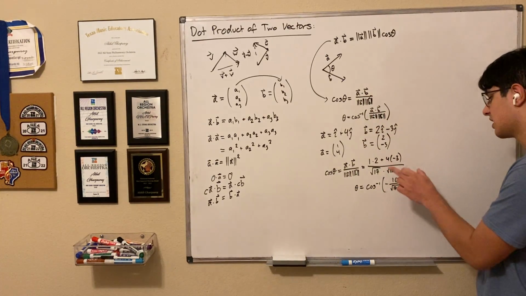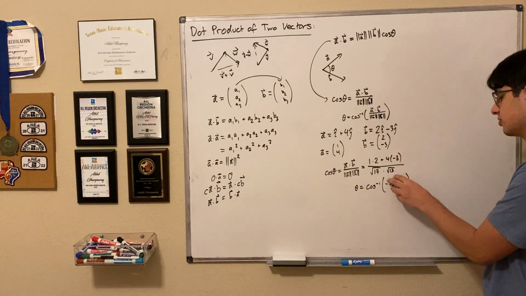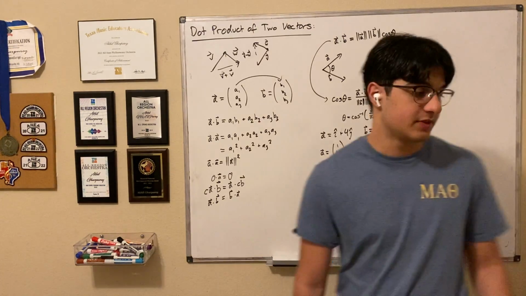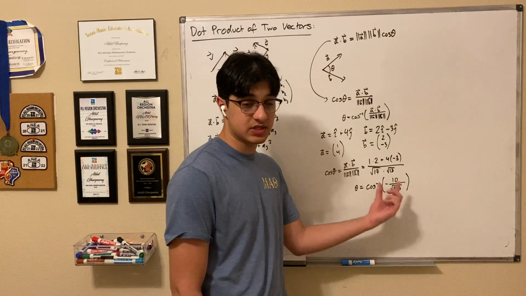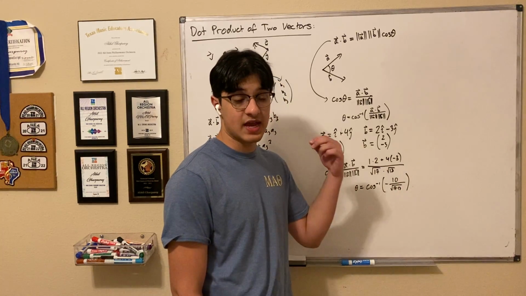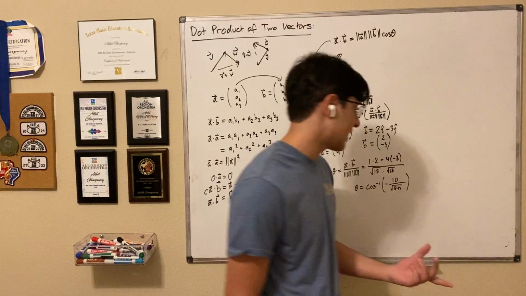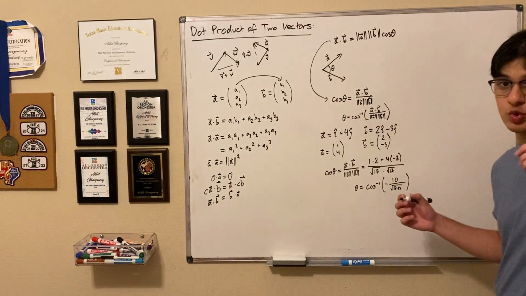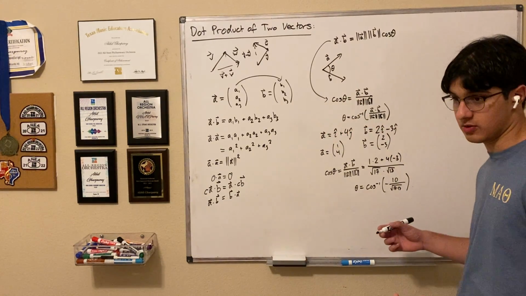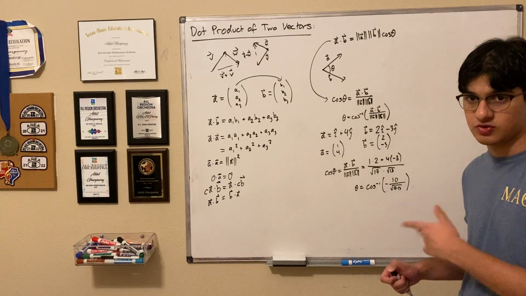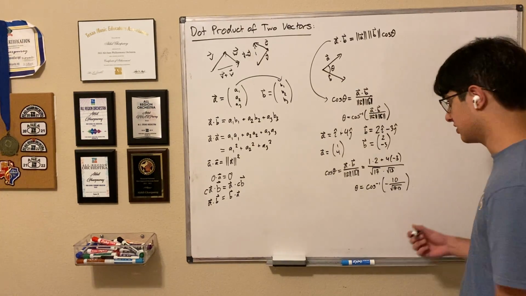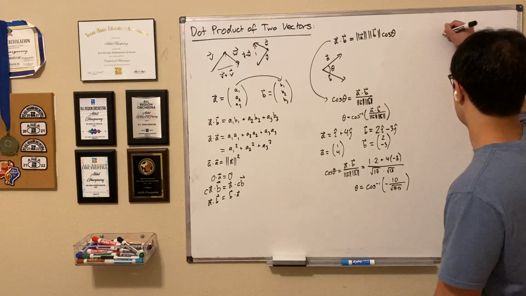Here's the thing. If we have a negative value inside this cosine inverse function, if this value is less than 0, then you're going to get an angle measurement between 90 degrees and 180 degrees. Why? Because the cosine of every angle between those two values is always negative. You can even check that with the unit circle.